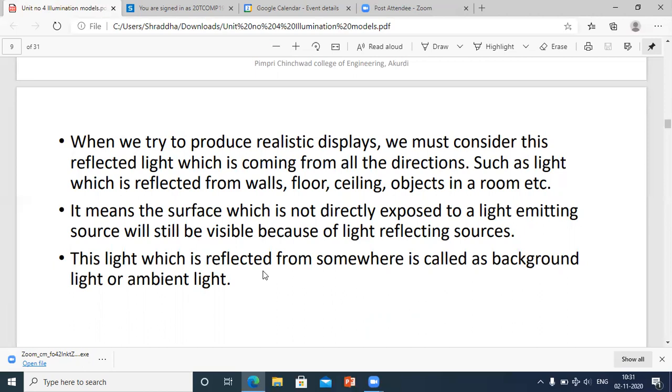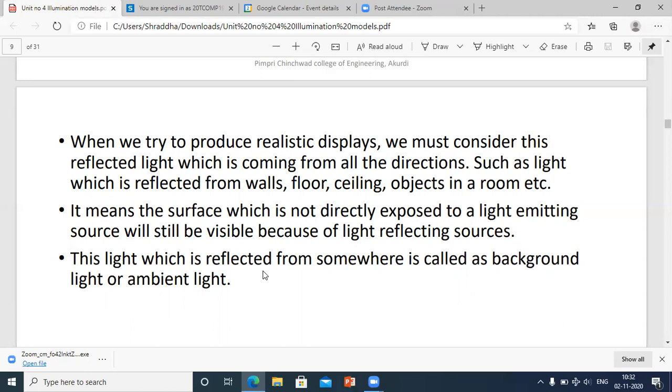But as soon as you switch on your bulb, what happens? The light falls on this wooden chair or any type of chair, and the light gets reflected back. So this means it is not directly exposed to the light emitting source, but still it is visible because of the light reflection category. This is the meaning of reflection category.